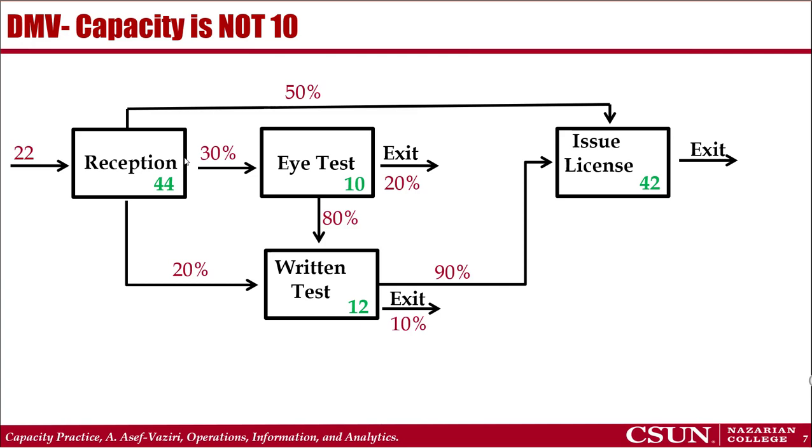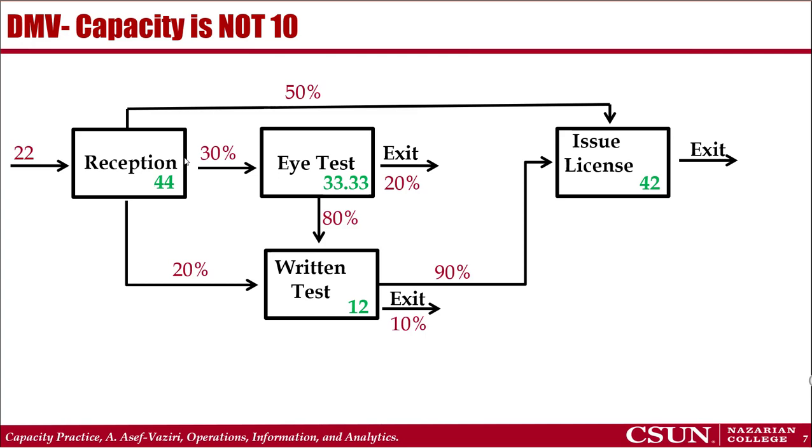These are the nominal capacities, but because not 100% of flow passes through all processes, these are the actual capacities. The first one, because 100% of flow goes there, the capacity remains 44. But the second one, because only 30% of flow goes over there, in terms of the number of customers that can come in, it is 33.3.